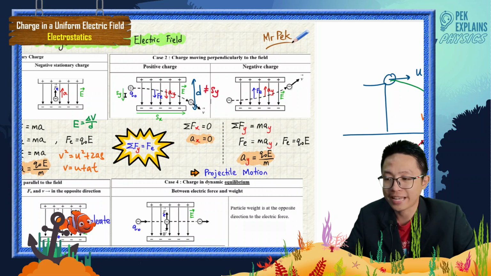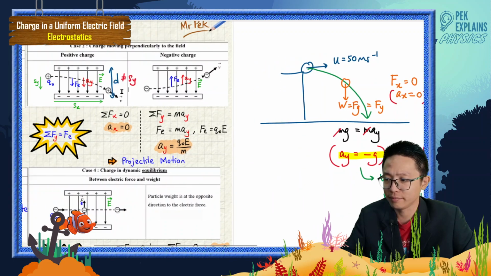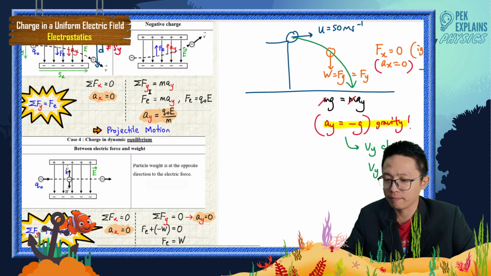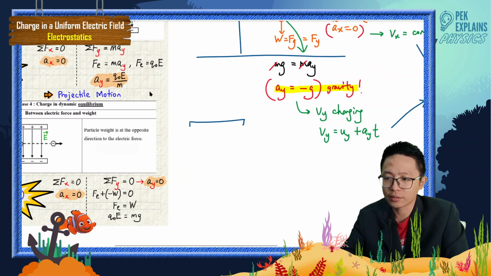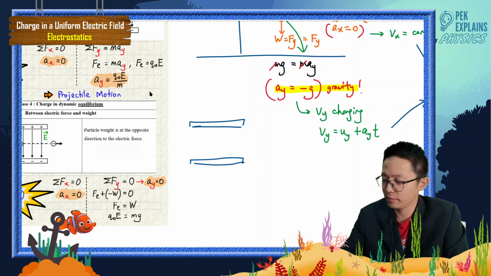Maybe the charge enters at the middle. Like this, you see, this charge is not entering from one side of the plate. It's actually entering somewhere around the middle. Maybe I should show this way.